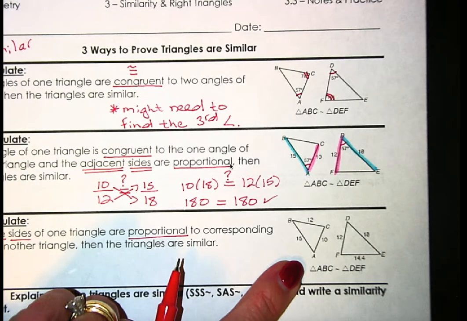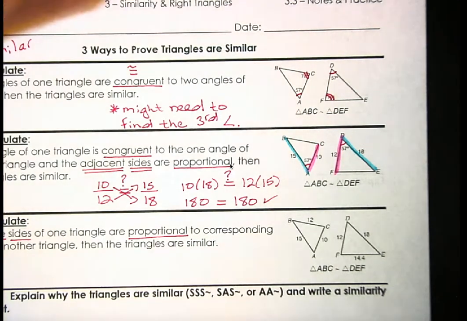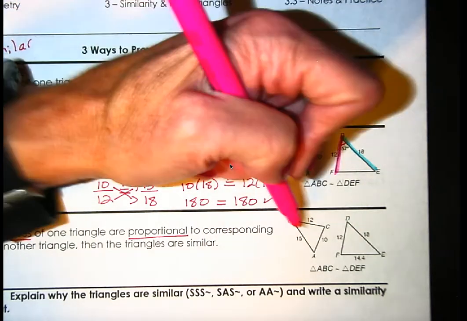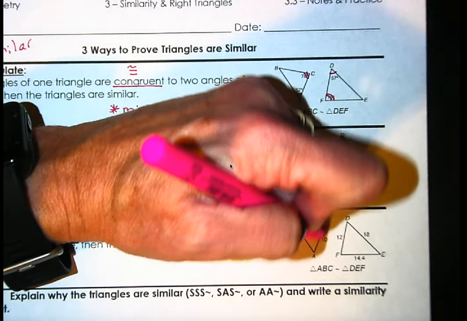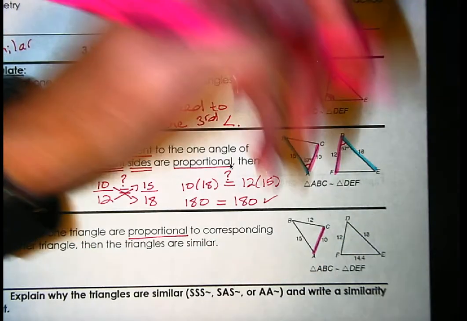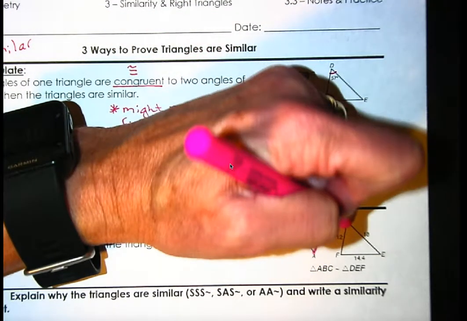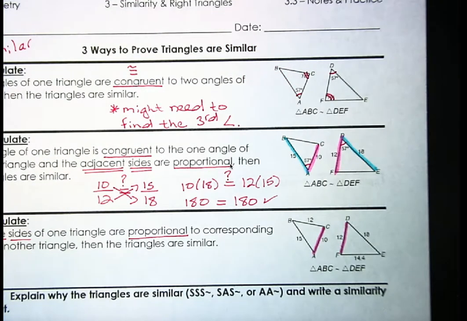If I look over here at my two triangles, the way I like to do this is pick out my shortest side of each triangle. So that would be 10 and 12. I'm going to highlight those two to go together.